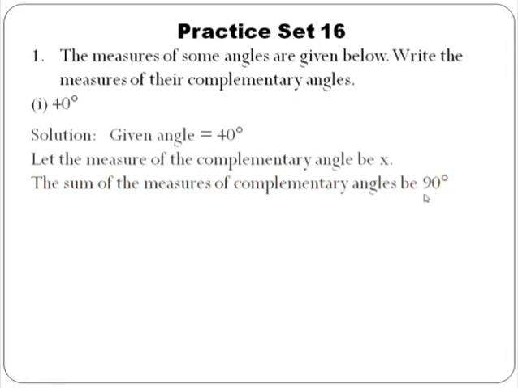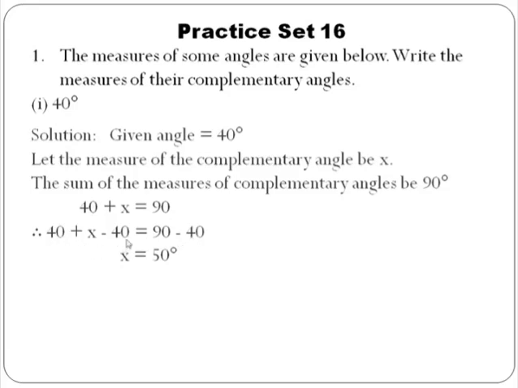Now as the sum of these two angles is 90 degrees, that is 40 degrees plus x is equal to 90. So we get the equation 40 plus x equal to 90. In this equation you have to find the value of x. For that we have to shift this 40 to the other side. So how will we do that? We will subtract 40 from both sides.